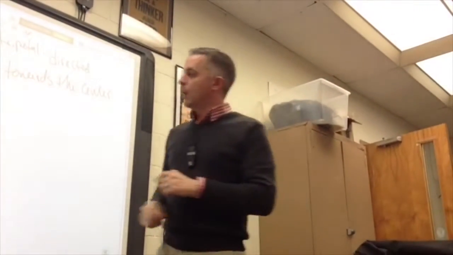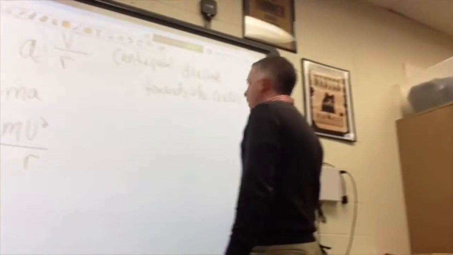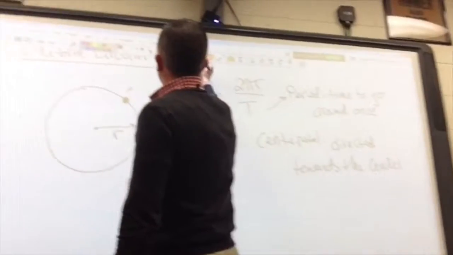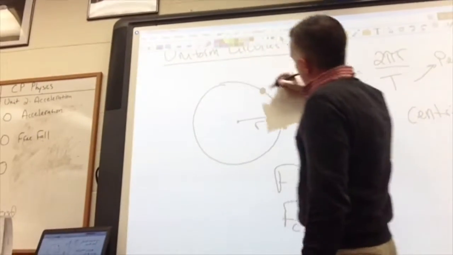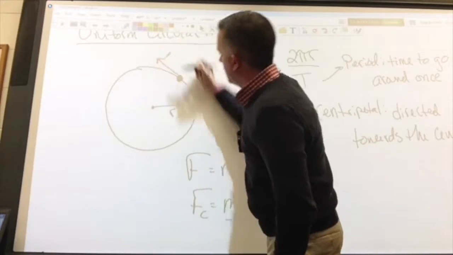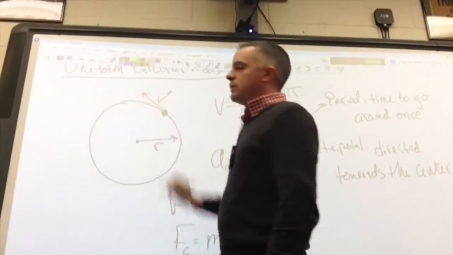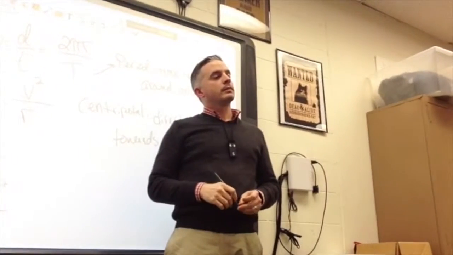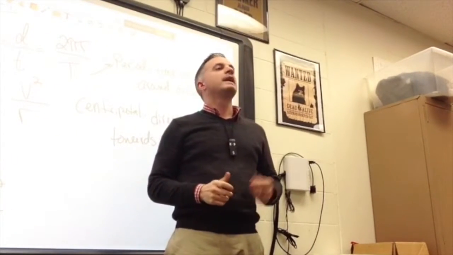Okay? So, if we go back to our little bob circular thingy right here, at this moment, the speed of the object is going to be tangent to the circle. Correct? So it's the centripetal force, just the tension between the rope. Exactly.